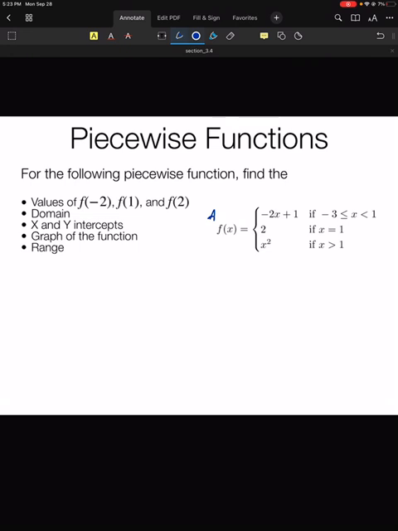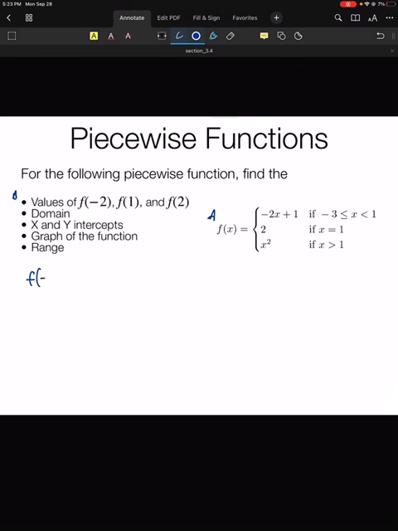So first, let's find some values of the function. Usually this is not a tough exercise, but we need to be careful about the x values that we substitute in, and to which formula we substitute them into.